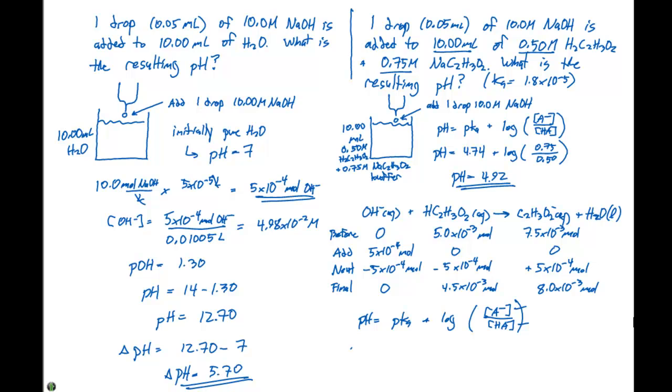So our pH is going to equal the pKa, which we already determined to be 4.74 right up here, plus the log of the concentration of A minus, which is going to be 8.0 times 10 to the minus 3 moles, divided by, we'll say X liters, divided by the concentration of HA, which is 4.5 times 10 to the minus 3 moles, divided by X liters.